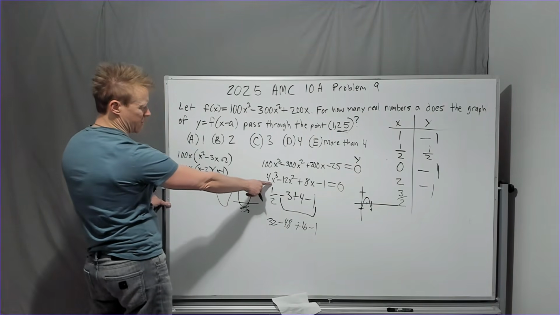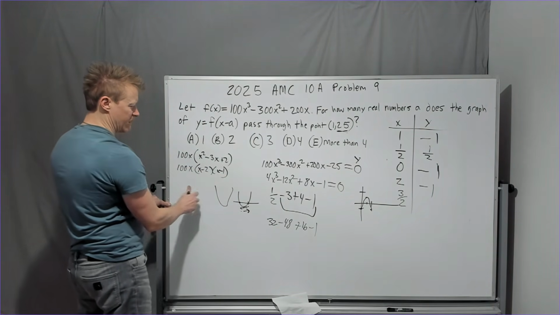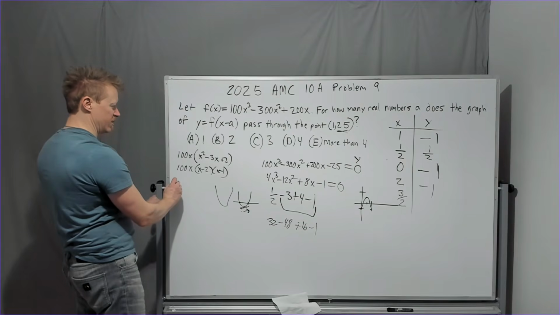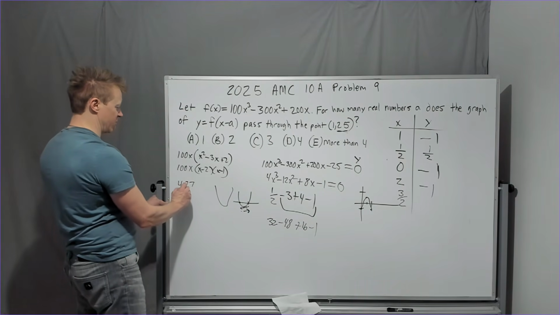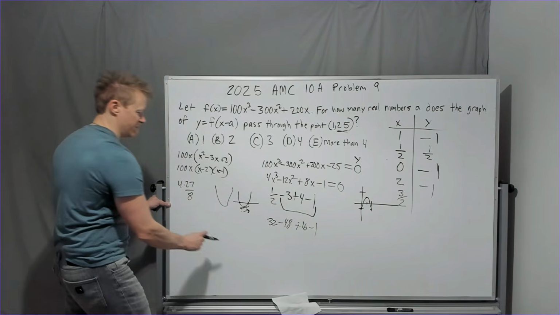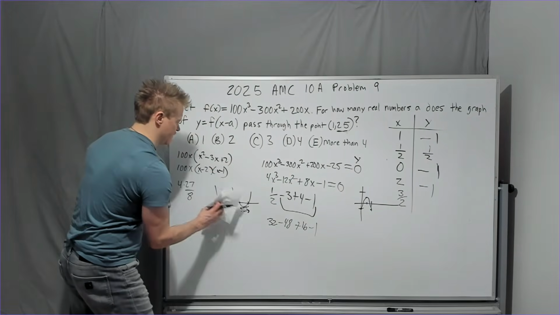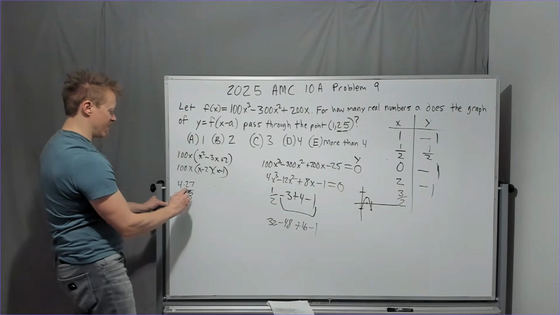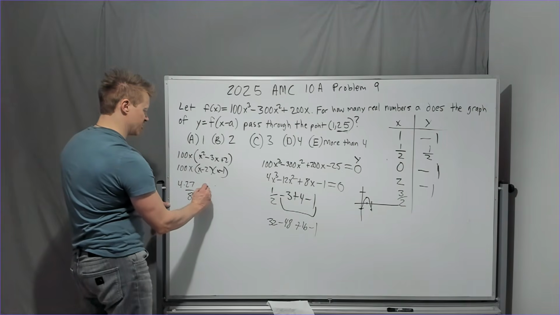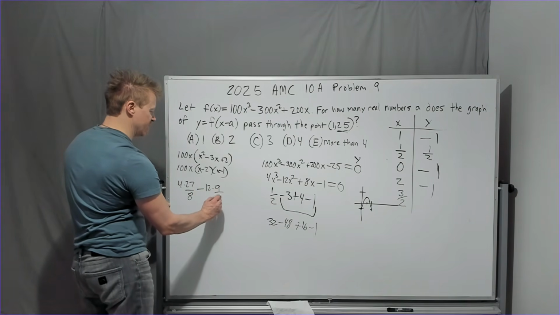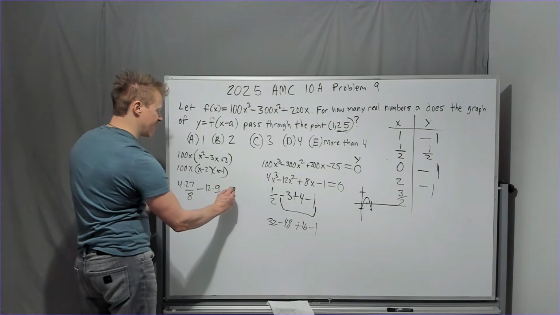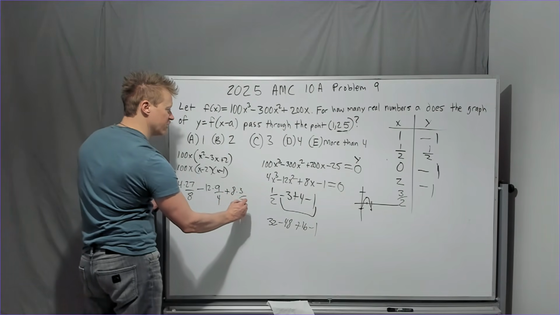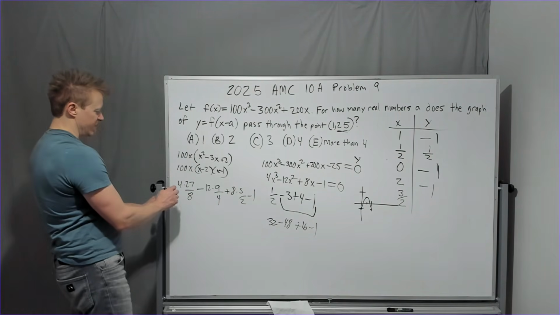4 times 3 over 2 cubed is 4 times 27 over 8. I'm going to get rid of this. 4 times 27 over 8 minus 12 times 9 over 4 plus 8 times 3 over 2 minus 1.